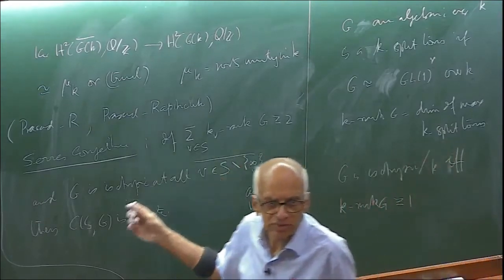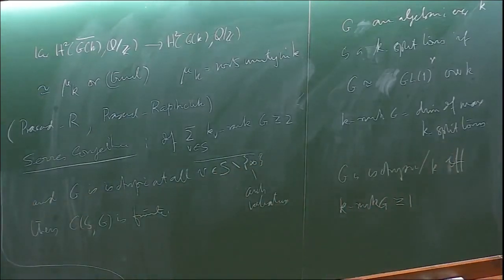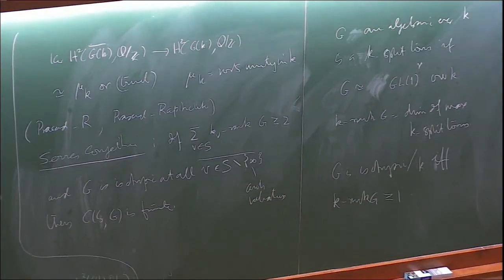I don't have to make any specific statement here. Now in the simple case, you can actually formulate something more general. Namely, you don't have to demand that S be a finite set.